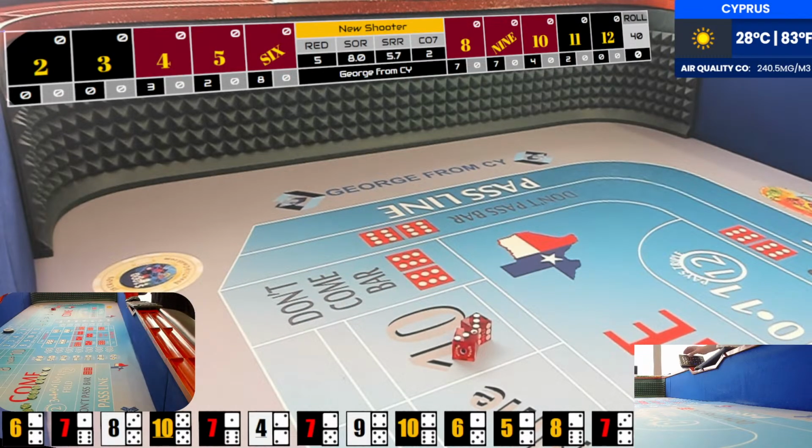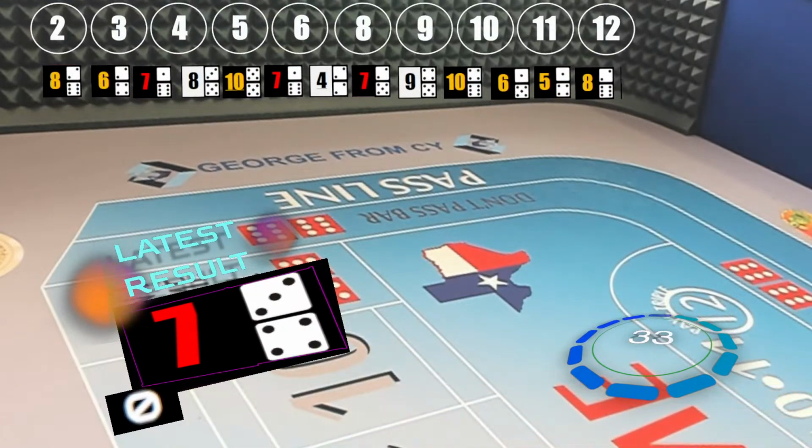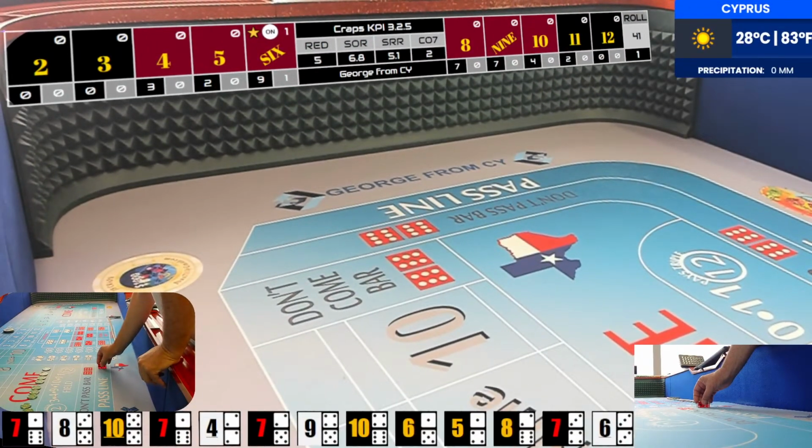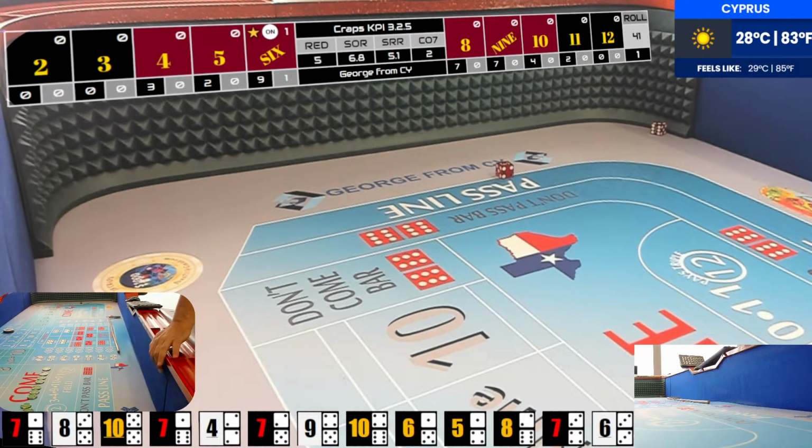Primary on top. Two, 3-6, dice out. It's a 1-3 implosion.